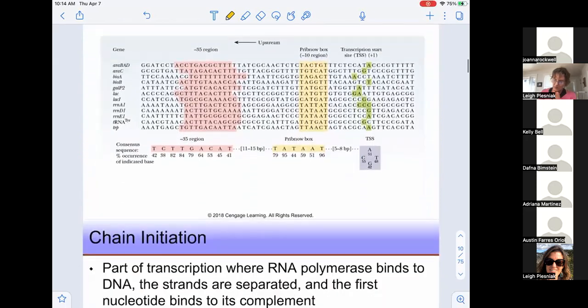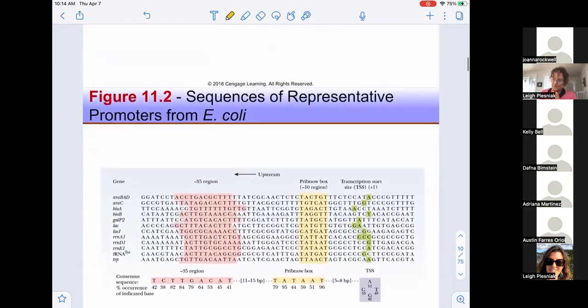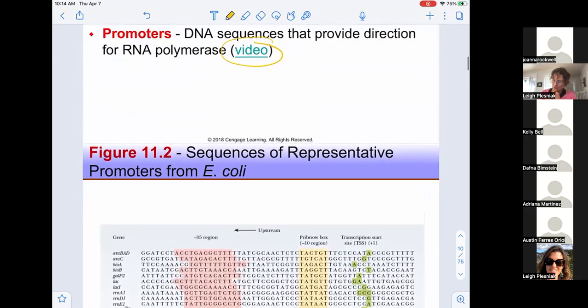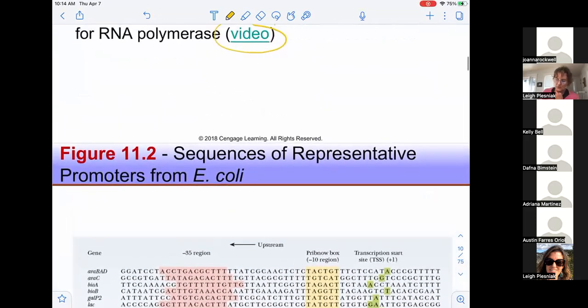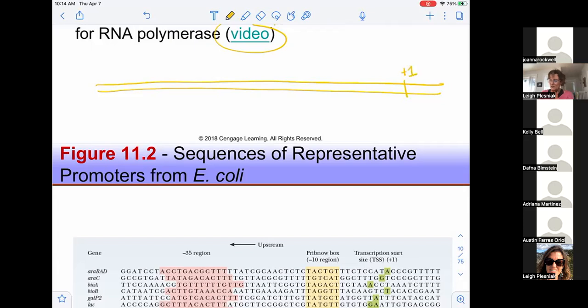Okay, let me see if I can get one. Well, I'll just do a schematic here. So let's say we have some sequence of DNA, and by definition, the start site of transcription is called +1.